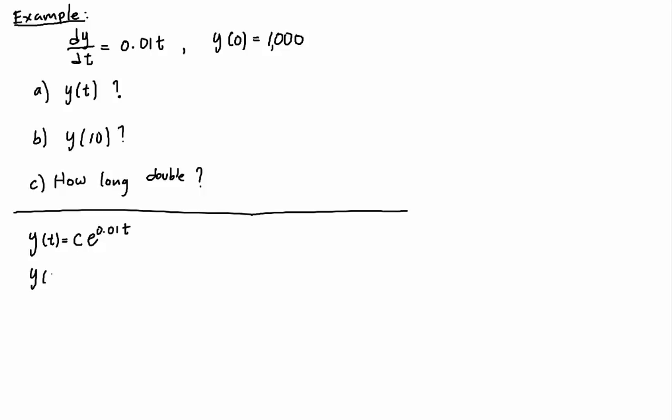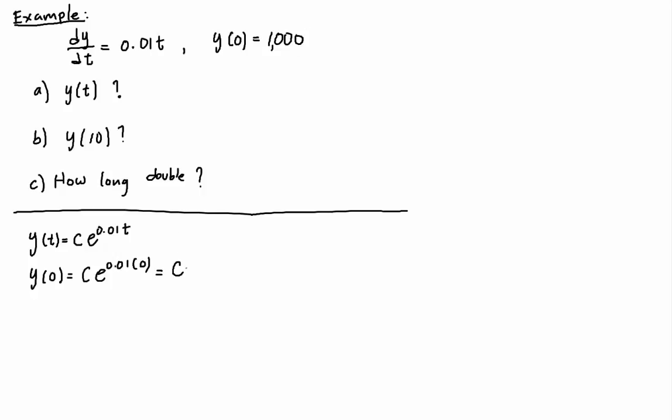So I say y at 0, and I evaluate this, it's going to be c times e to the 0.01 times 0, so c times e to the 0, and that is just c, but y at 0 has to be equal to 1,000.